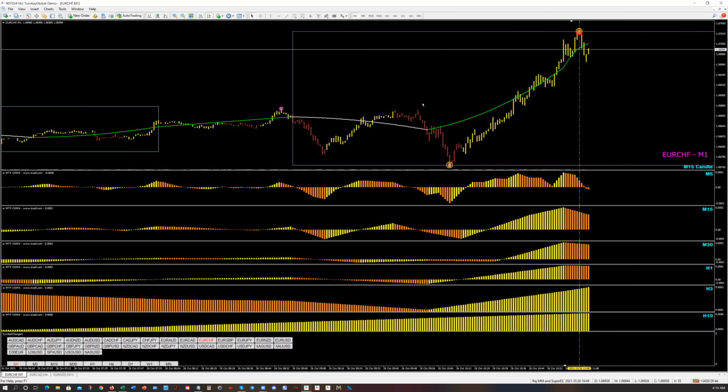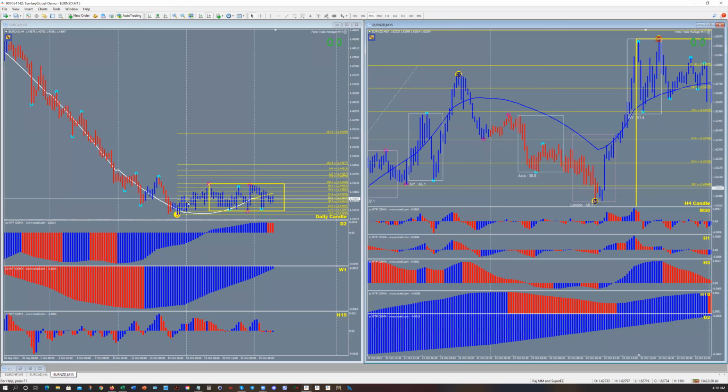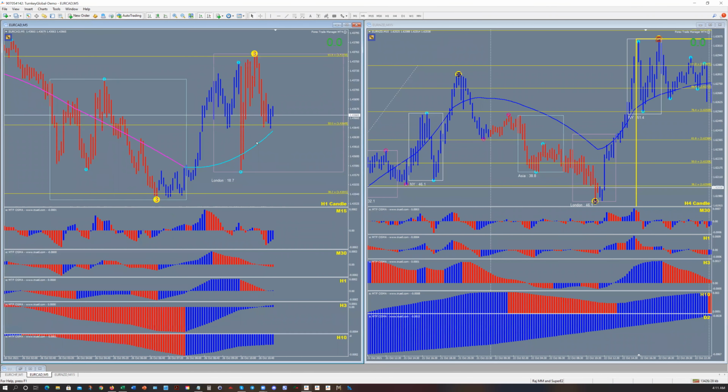You saw the Euro NZD, right? The ball kept moving. This ball went from here to here to here to here to here. Did I take any of these trades? No. I was anticipating a long trade down here. I didn't get a setup.